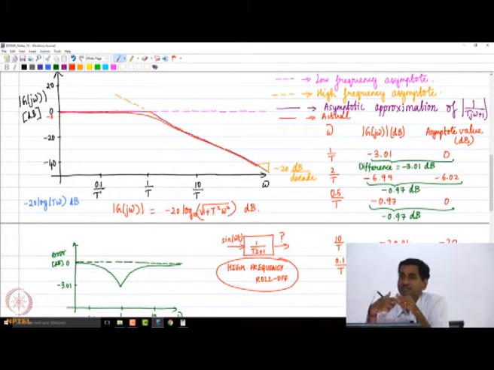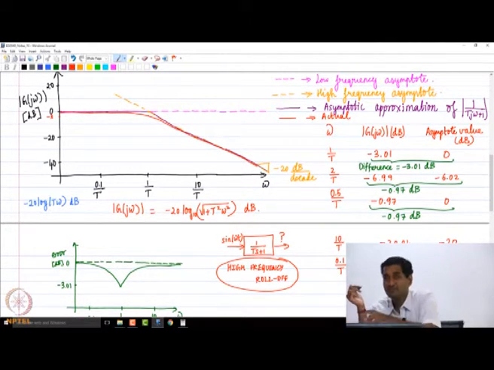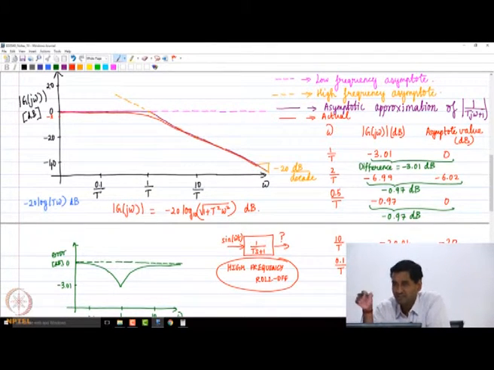What is minus 20 decibels in absolute units? That's going to be 1/10. So the magnitude of the sinusoidal signal with a frequency of 10 by capital T is going to be 1/10 at the output. So you can immediately see that you are having low pass filter action. It's attenuating high frequency signals.